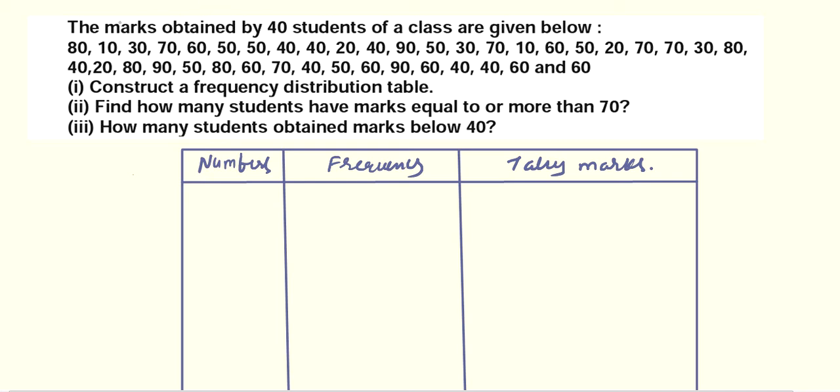Question number 5 is the marks obtained by 40 students. The marks obtained by 40 students of a class are given below. These are the marks we are having here: 80, 10, 30, 70, 60, 50, 40, 20, 40, 90, 50, 30. So the first thing is what? The lowest number you have to find. I think in this particular data, 10 is the lowest number.